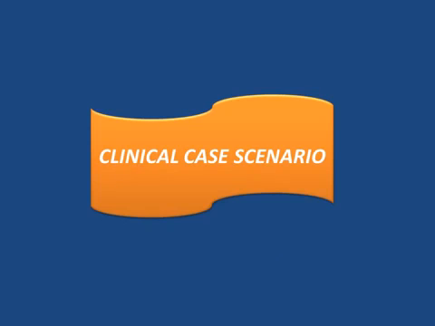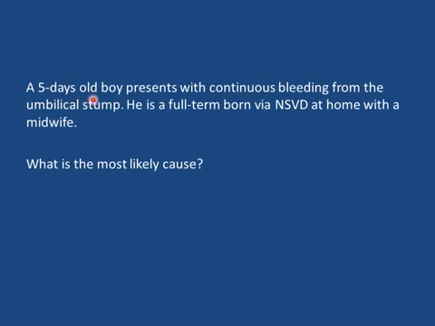Another case scenario. This is a 5-day-old boy presenting with continuous bleeding from the umbilical stump. He is a full-term baby born via normal spontaneous vaginal delivery at home with a midwife. What is the most likely cause?